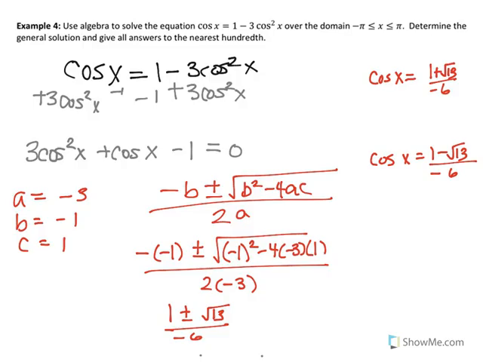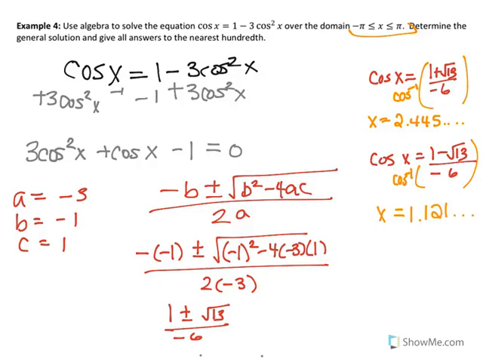So if I type these into my calculator, we're going to go cos to the minus 1 of this and cos to the minus 1 of this, and we're dealing with radians. So go ahead and type this into your calculator. You should get 2.445 and you should get 1.121. So those are our two reference angles.